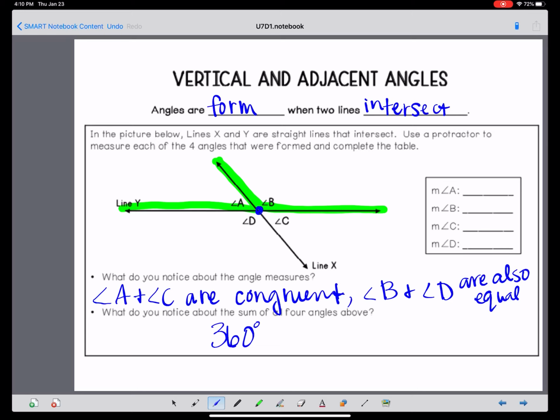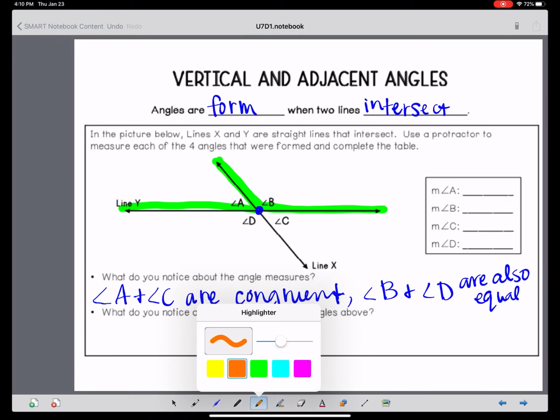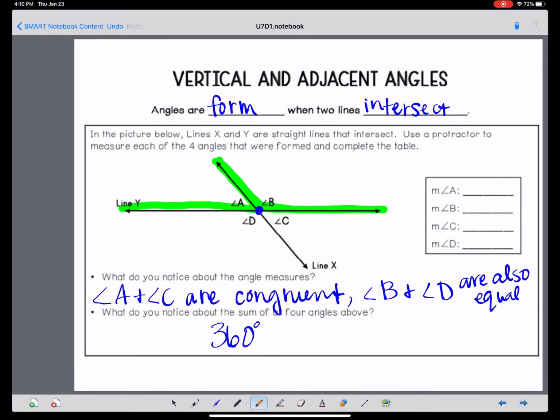They are also known as adjacent angles. I'm going to show you another adjacent angle. Angle D and angle A. These two angles right here are also adjacent angles, and they are supplementary. You'll notice that they share a side and they also share a vertex.